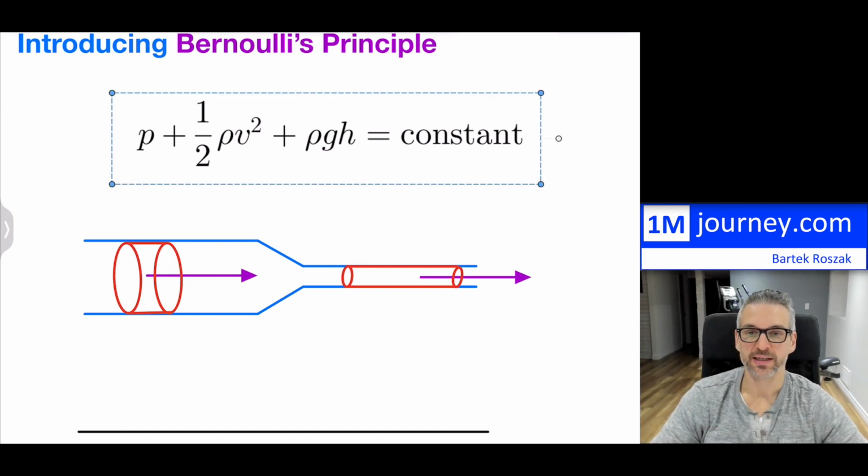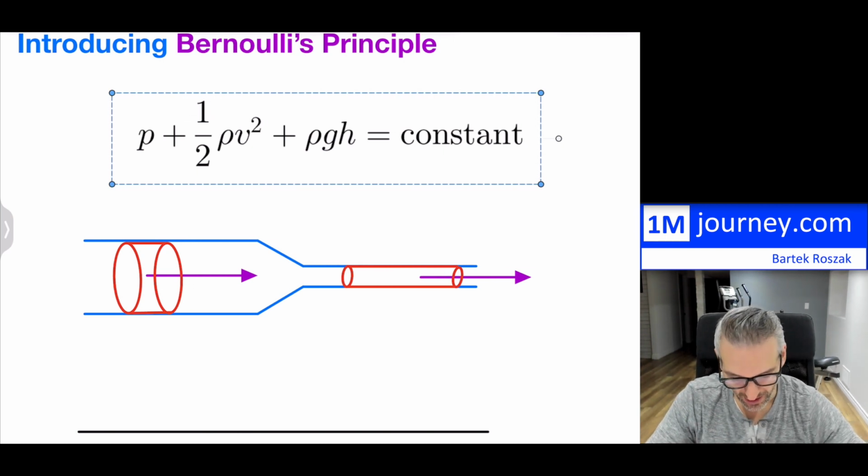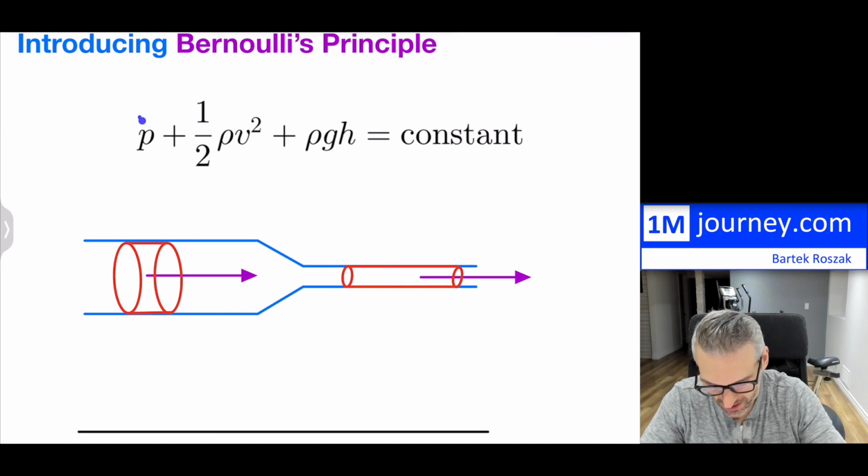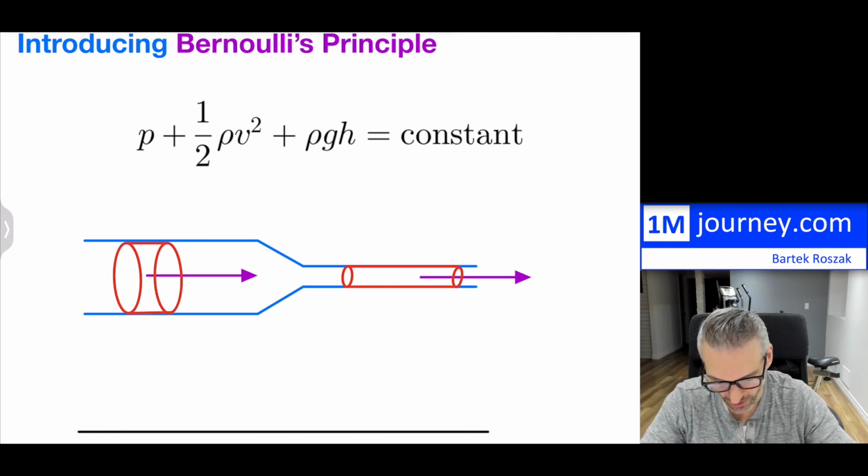The only thing that I'll mention with regards to this formula is that the terms you see within here are worth knowing. This is pressure, this is density of the fluid, this is the speed of the fluid, this is gravity, and this is the height.